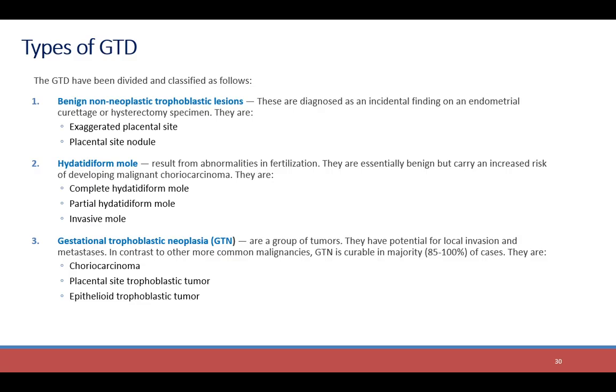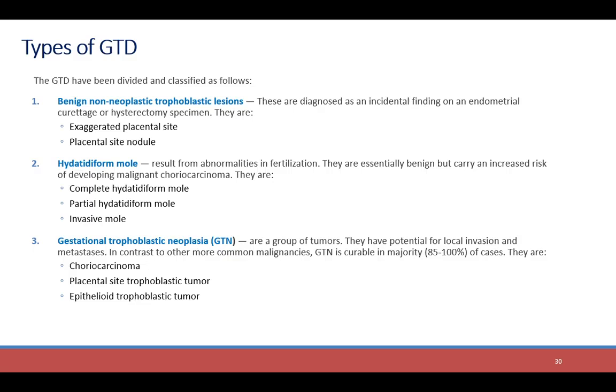All of these entities, the only one you need to focus on is the molar pregnancy, and in gestational trophoblastic neoplasia, the most important one, the choriocarcinoma. The others are also clinically not important, you know, placental site trophoblastic tumor, epithelioid trophoblastic tumor.